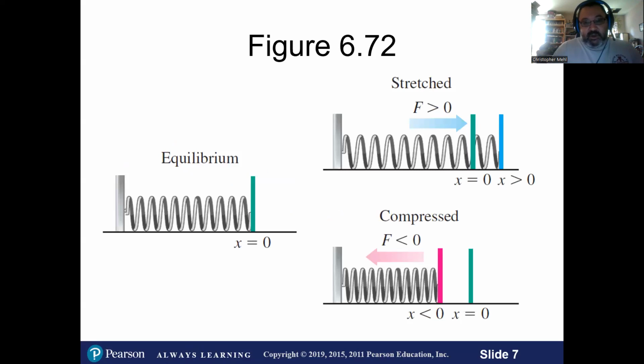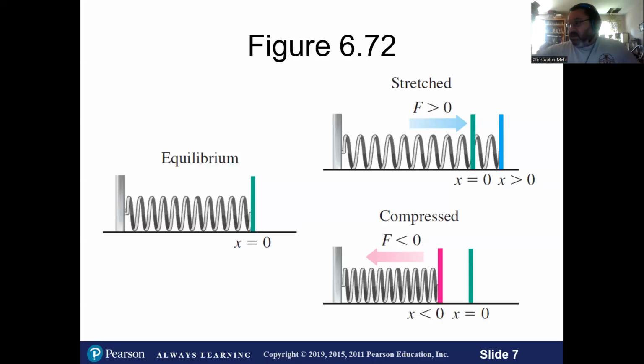Okay, so now let's look at an example. One application that helps to visualize the whole work concept is the idea of a spring. A spring is a basic physical object, right?